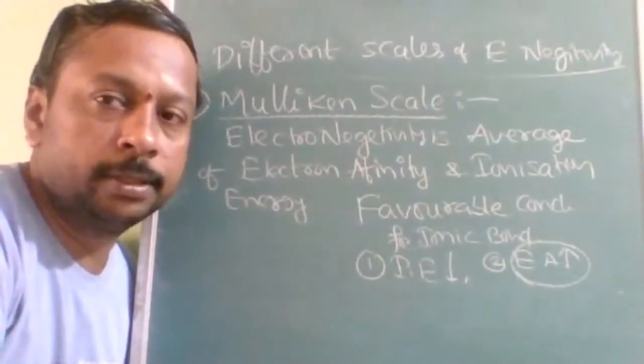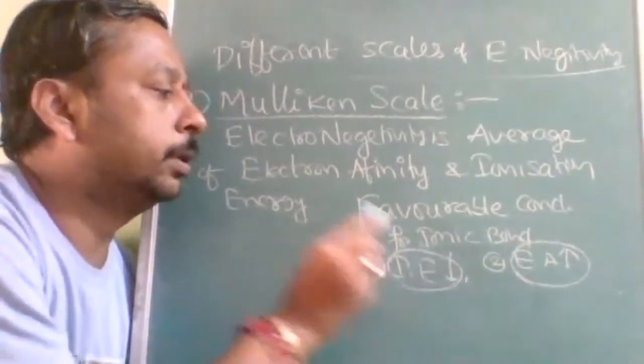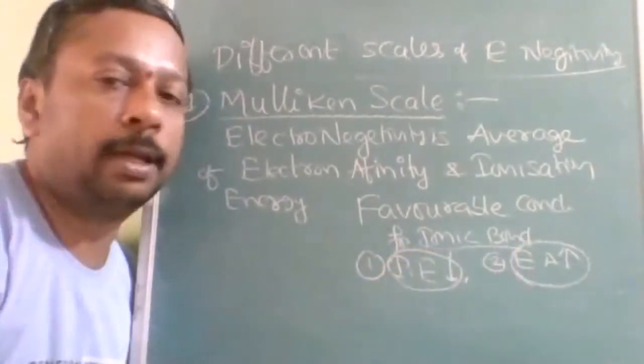The atom losing the electron should consume the least energy. Then there is the perfect chance of ionic bond.